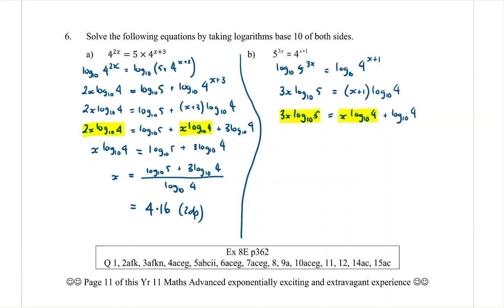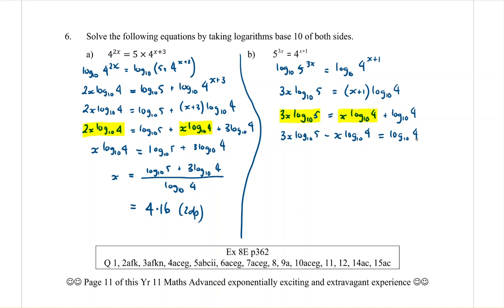So I'm going to move the x log 10 of 4 across to the left. So 3x log 10 of 5, and I would subtract x log 10 of 4. And that equals log 10 of 4. So I've managed to get both my x's on the same side.